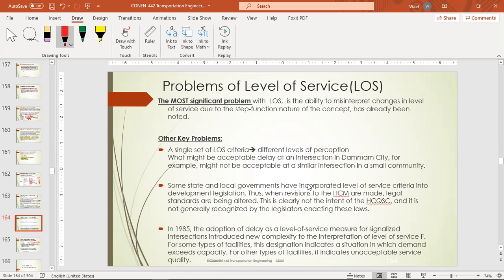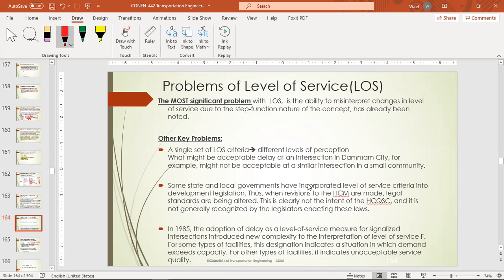Maybe this is A for one area, or B for one group of users, maybe it's different for others. For example, delay. Delay perception is different from one city to another city, from one community to another community, depending on the general acceptance by the public for this level of delay.